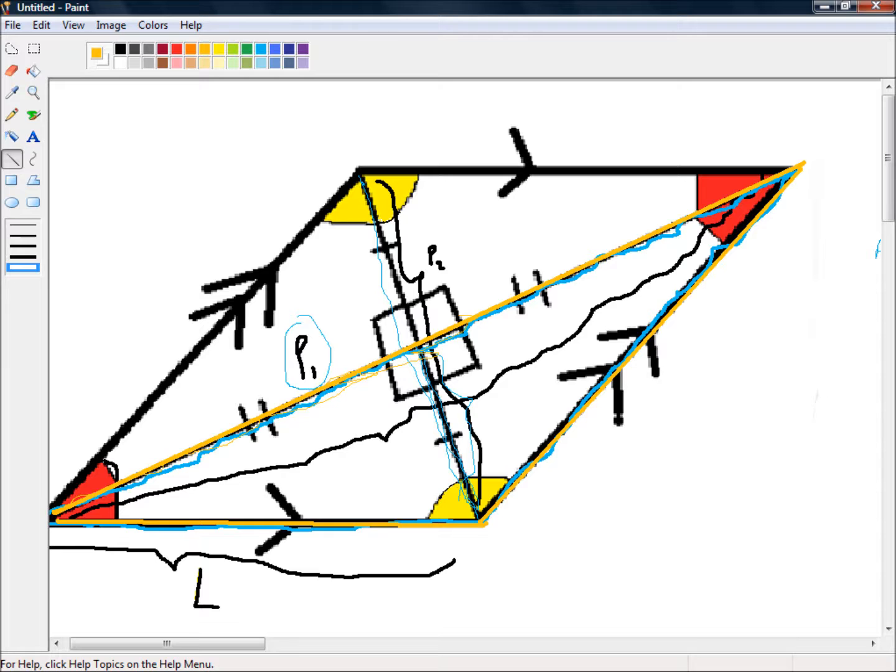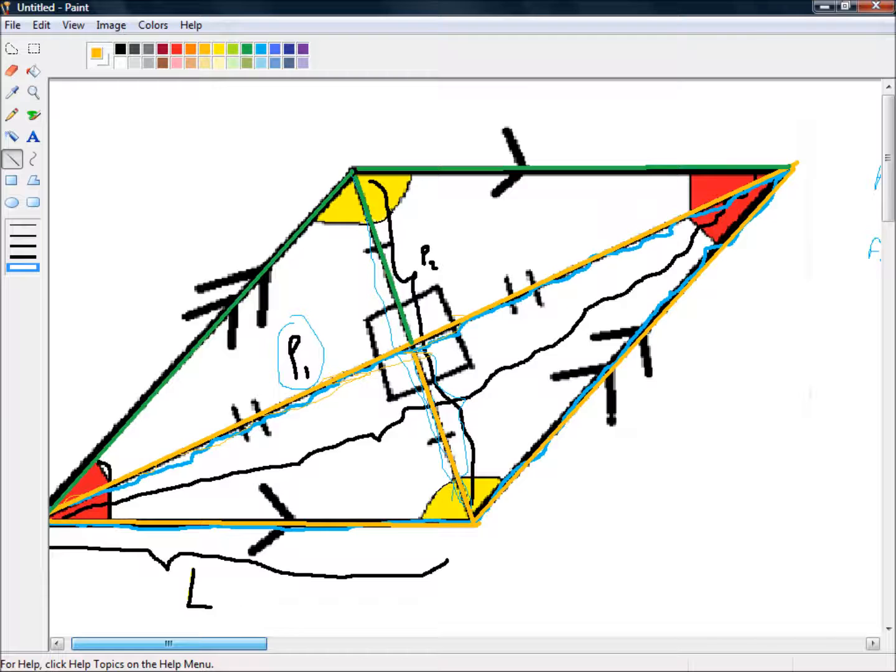Now this triangle is the same as this triangle because these legs are all the same length. And this height here, we know because it's a perpendicular bisector, is the same as this height here. So these two triangles are congruent.